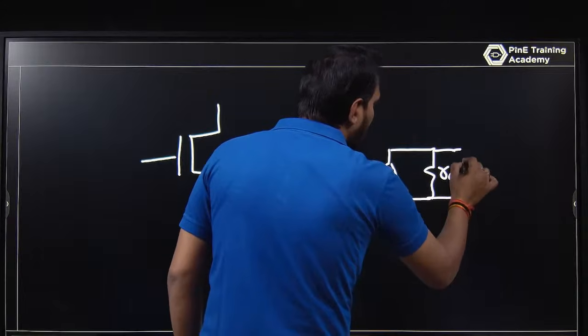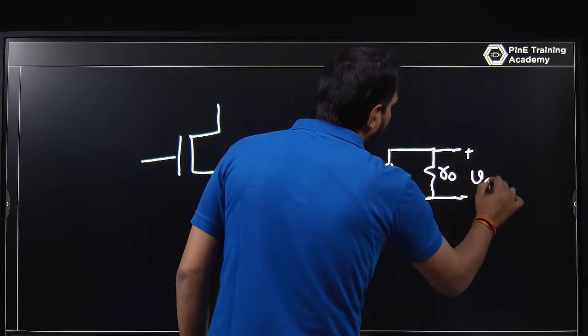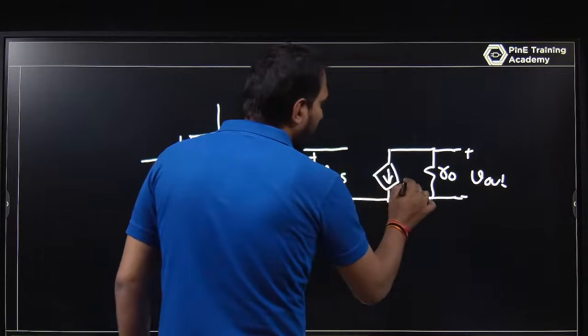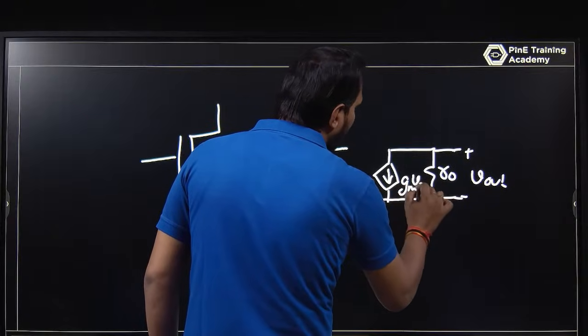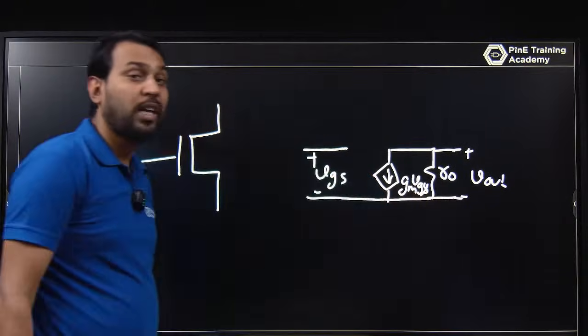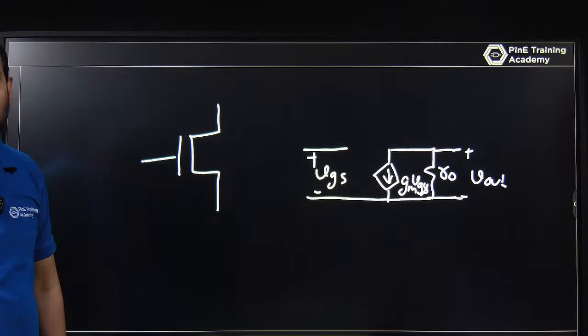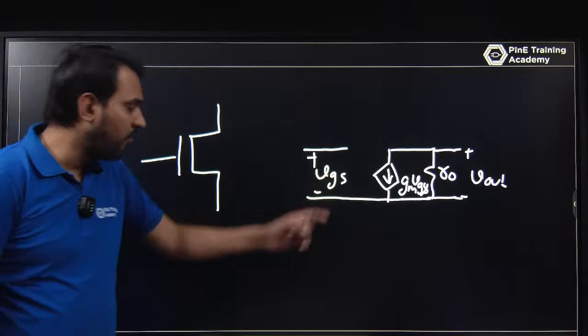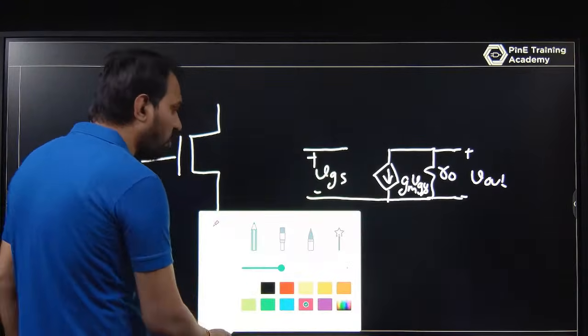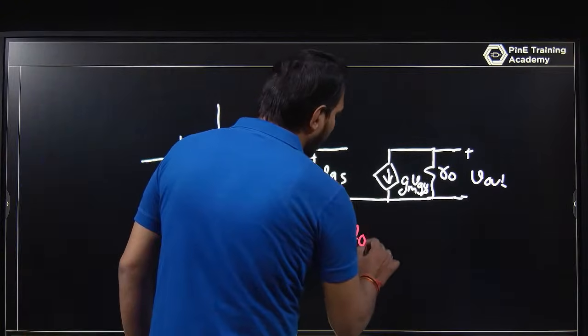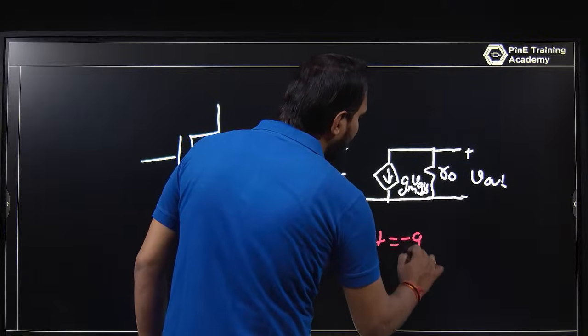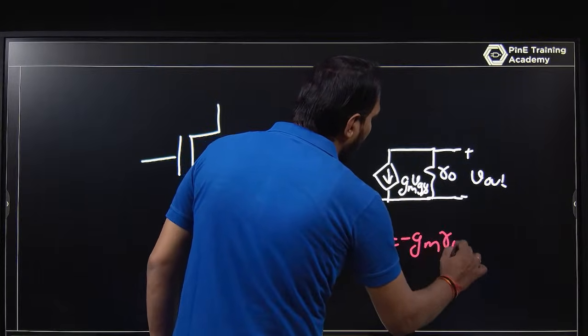This will be your Vout, and this will be your GM VGS. This is the small signal model of the MOSFET. This is a dependent source. On the basis of the VGS, you can decide your output voltage. Vout is what? That is minus GM R0 into VGS.